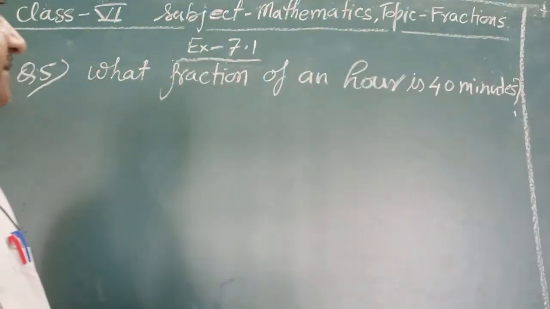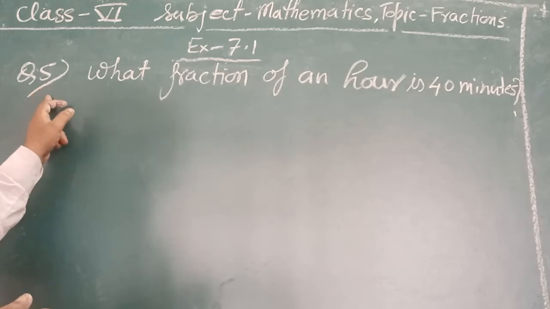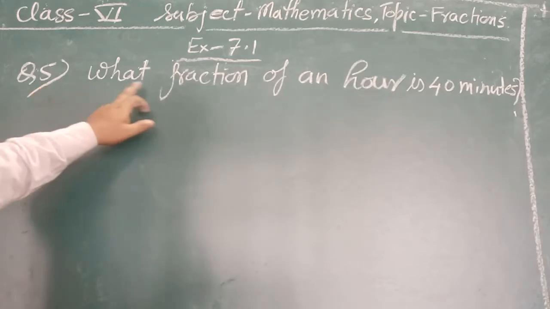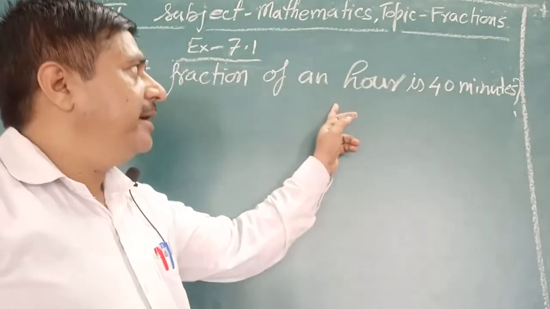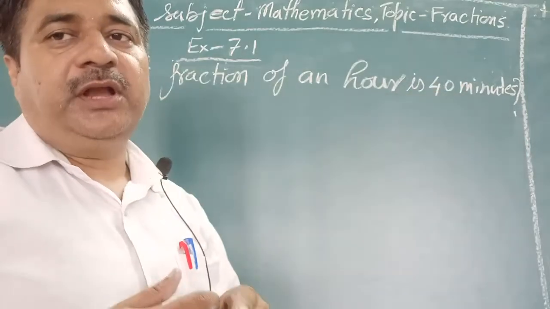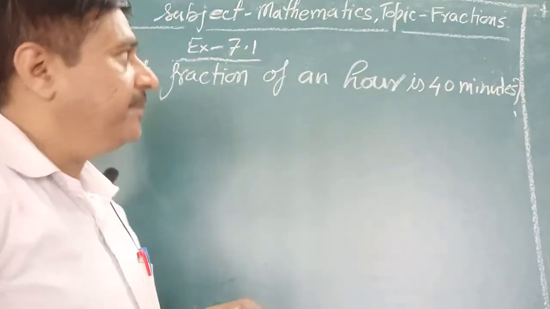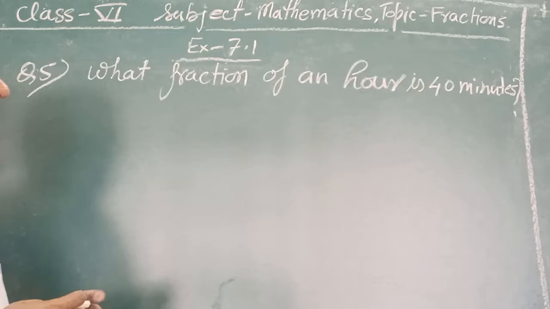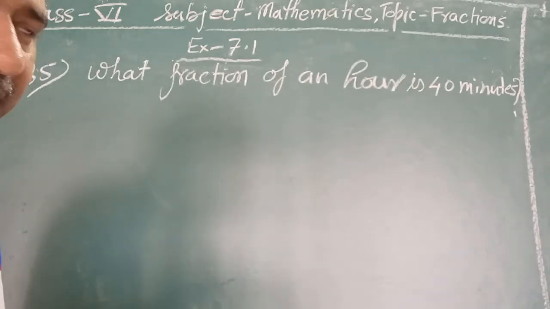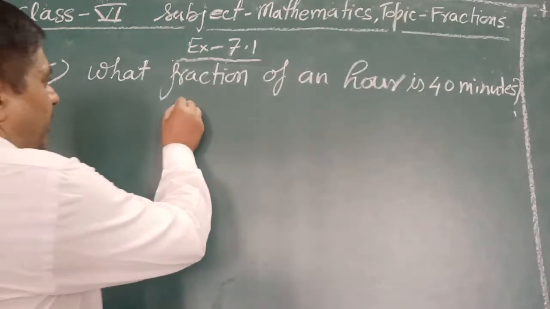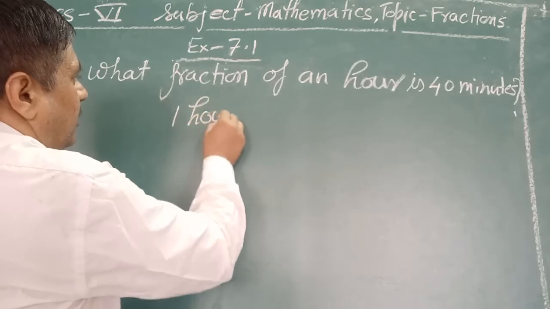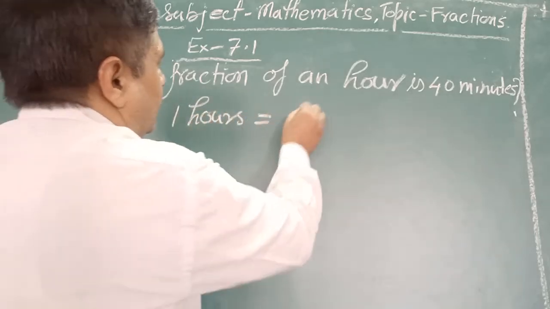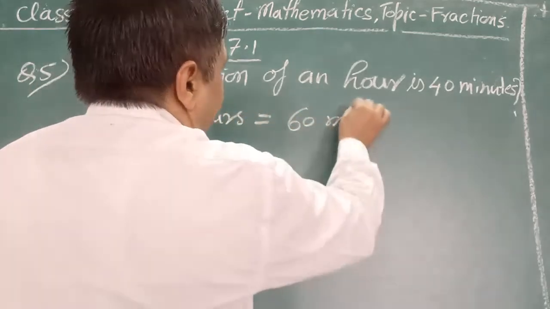Now students, question 5 says: what fraction of an hour is 40 minutes? So an hour is how many minutes? 1 hour is equal to 60 minutes.